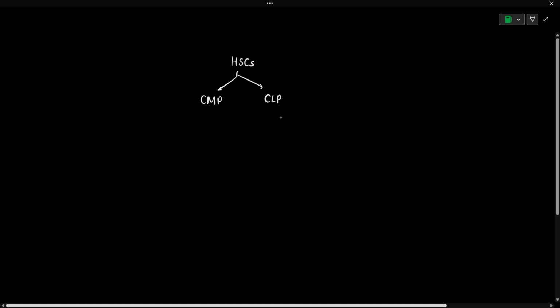But there exists a category of granular lymphocytes which we discussed in the last class, and that is natural killer cells. So this common lymphoid progenitor is going to give rise to the B cells, the B lymphocytes. It is going to give rise to the T lymphocytes, meaning the T cells, and it also gives rise to the natural killer cells, right? The B cells and T cells are agranular in nature, whereas the natural killer cells are granular in nature.